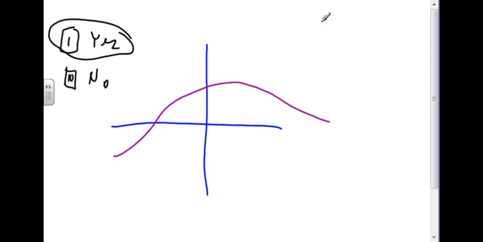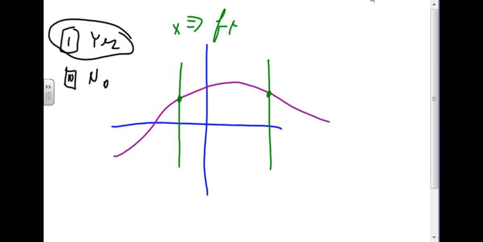What makes something a function is that for every x, there's only one f of x. So at this point x, there's only one point there. That's what makes it a function. At this x over here, there's only one point there.